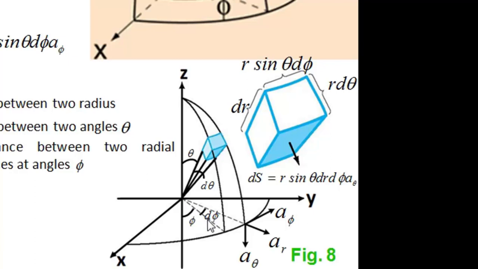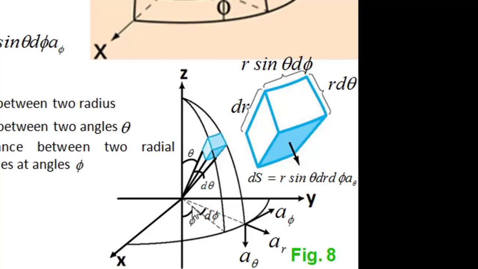So what is this radius? In this case, we know the radius is making angle theta from the z-axis. If the r component is broken along the z-axis and perpendicular to the z-axis, the projection of r will be r cos theta along the z-axis and r sin theta on the xy plane.